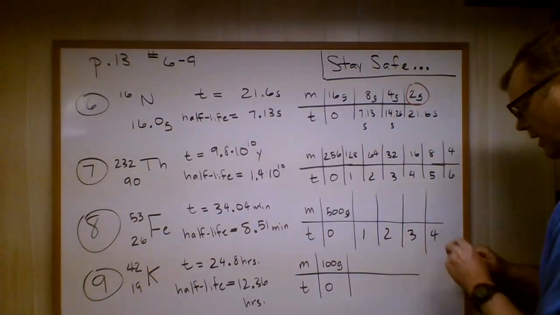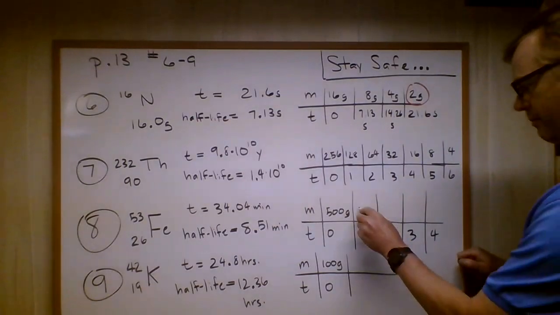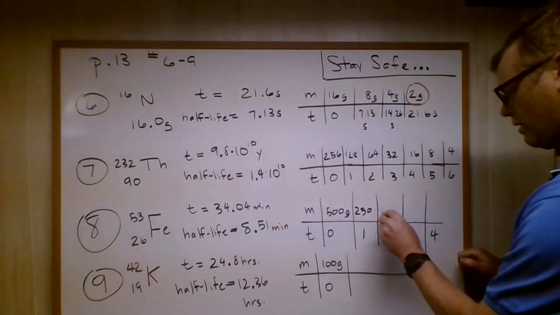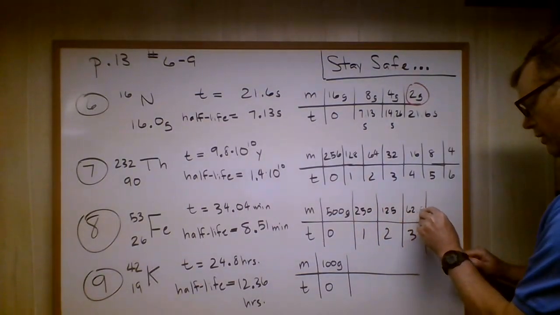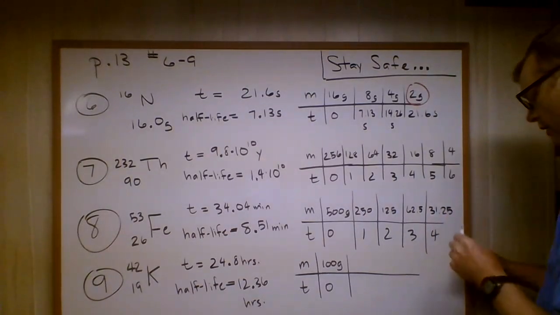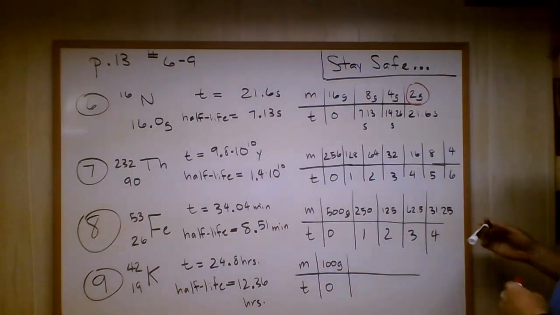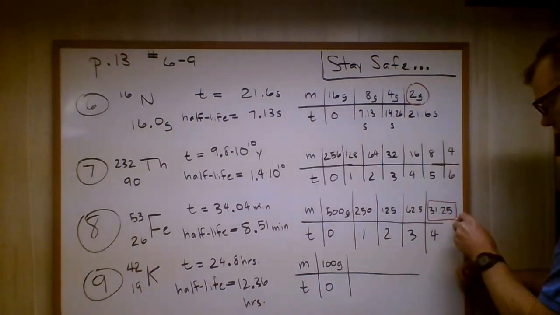Okay, and all we're going to do is divide by half 4 times. So 250, 125, 62.5, and then 31.25 grams will be what's still radioactive after 4 half-lives.